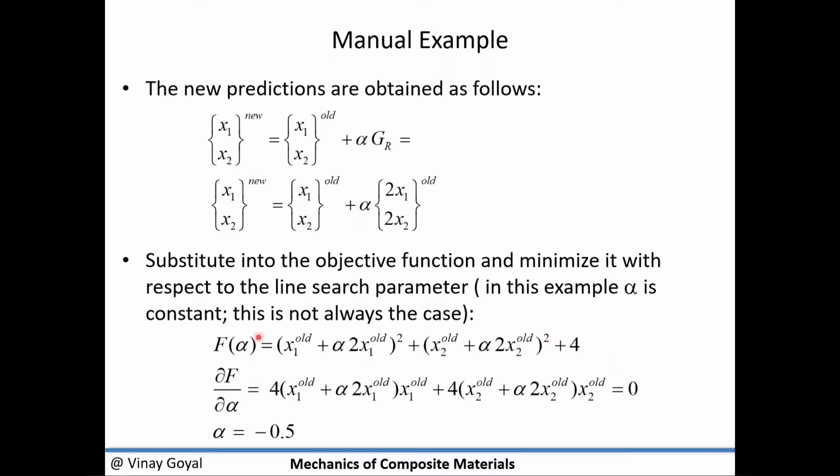To be able to minimize f, you can just take the derivative of f with respect to alpha, set that equal to 0, and solve for alpha, which is what we've done here. In this example, you can just select the value of x1 to solve for alpha, and that will give you a value of alpha of minus 0.5. So I have found the value of alpha that minimizes f relative to alpha alone, given a particular search direction with guesses on x1 and x2.